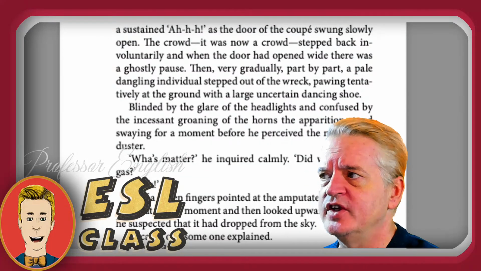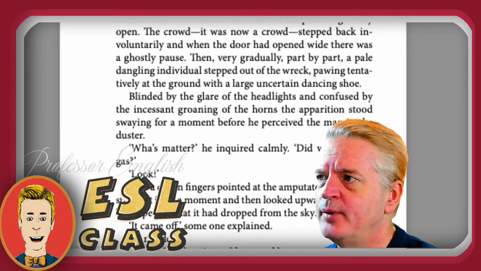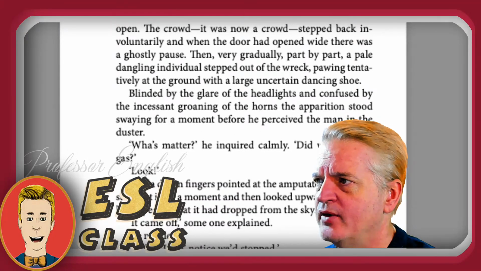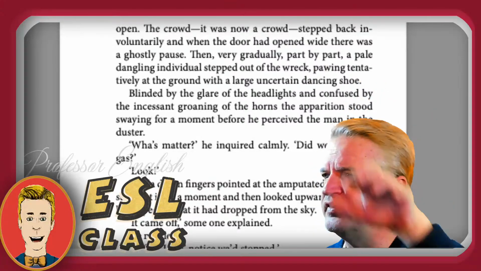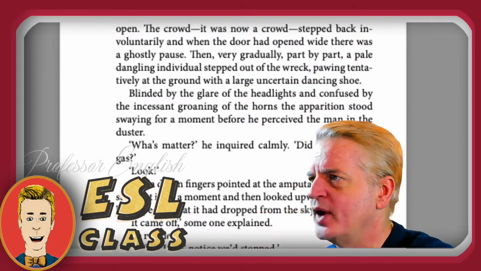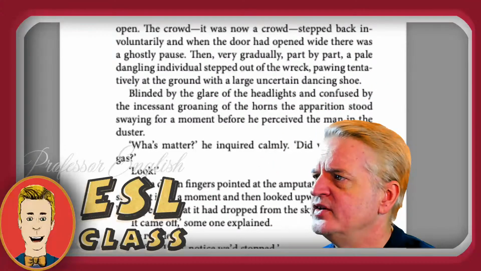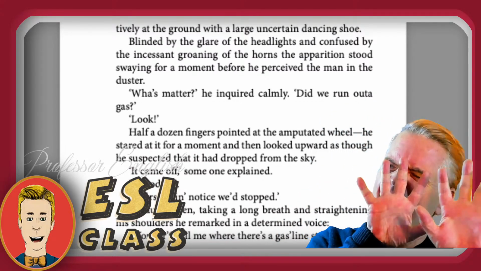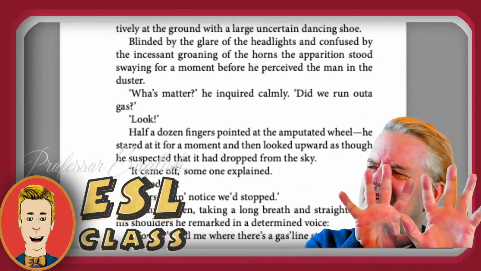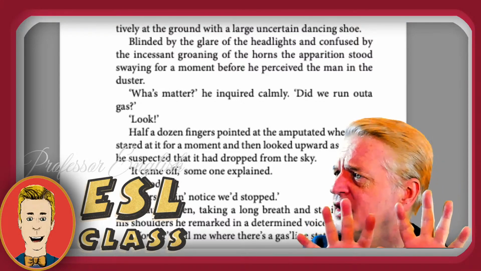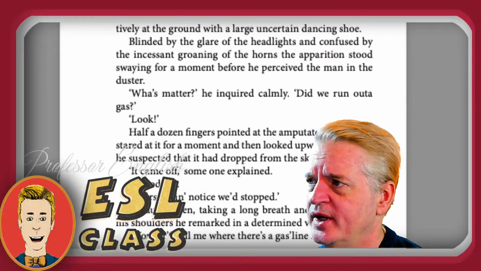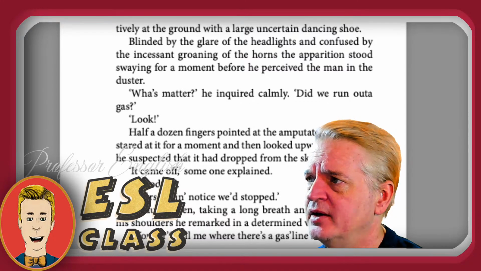There was a ghostly pause, and then very gradually, part by part, a pale, dangling individual stepped out of the wreck, pawing tentatively at the ground with a large, uncertain dancing shoe. Blinded by the glare of the headlights and confused by the incessant groaning of the horns, the apparition stood, swaying for a moment before he perceived the man in the duster.